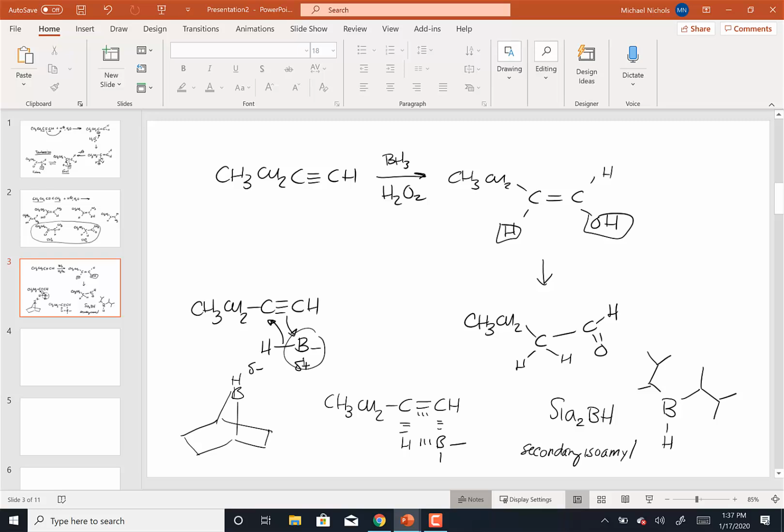But the reality is there are better reagents. And again, that fundamental concept of using steric hindrance to your advantage doesn't just mean the reactant is hindered. You can also make the reagent hindered. So that's how we would really do anti-Markovnikov addition of the H and the OH, and then it would turn into the aldehyde by tautomerization.